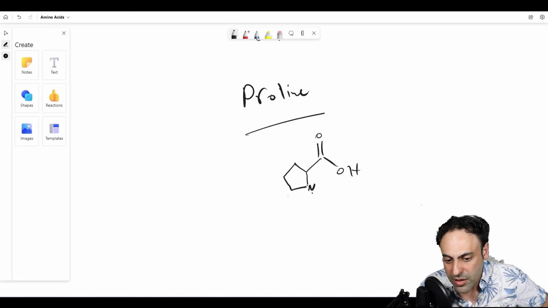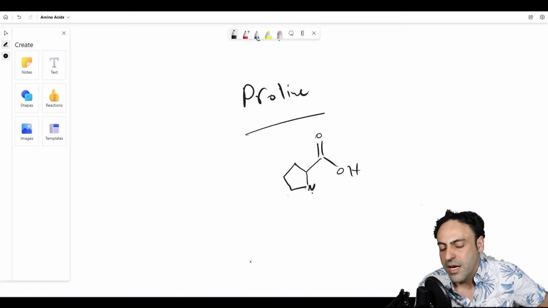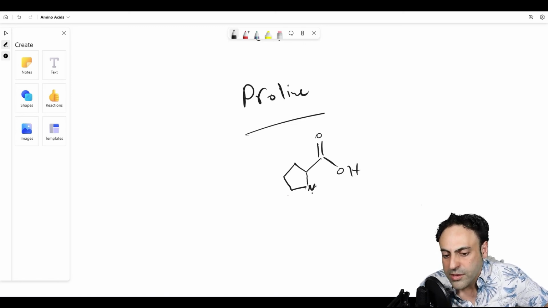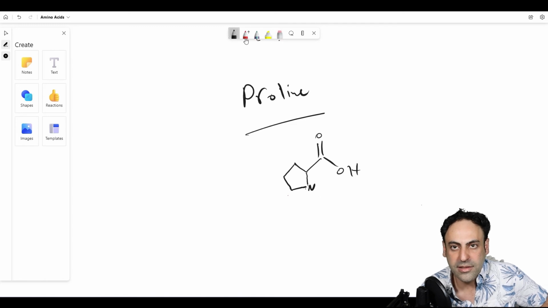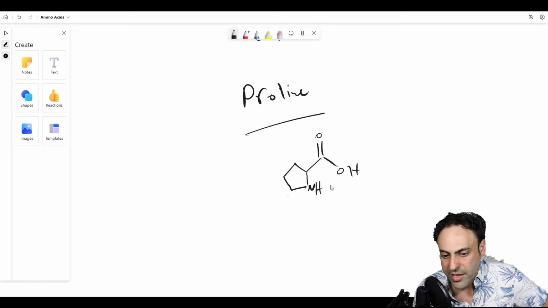Why? Because one of them goes to this carbon, another one goes to this side of the molecule, and then we're going to remain with one. So instead of NH2, we're going to have an NH. So to make this structure cleaner, it's going to be like this, NH.